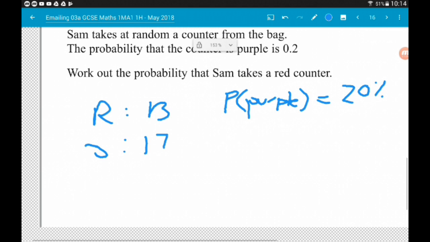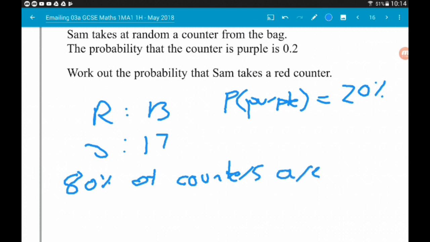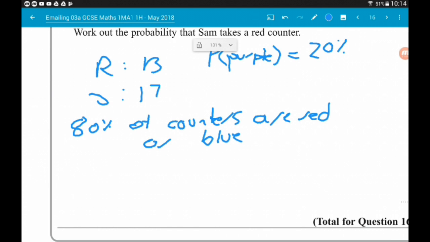So that tells us 80% of the counters are red or blue. So what we're going to do is split 80% in the ratio 3 to 17.